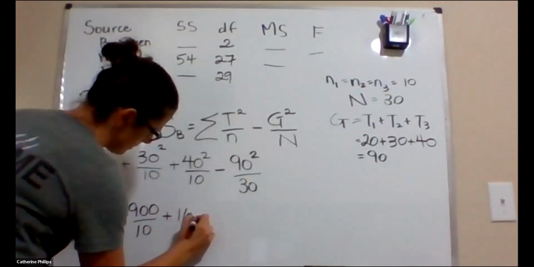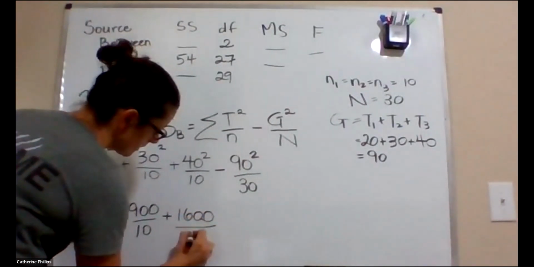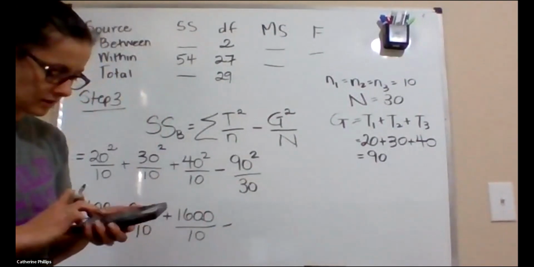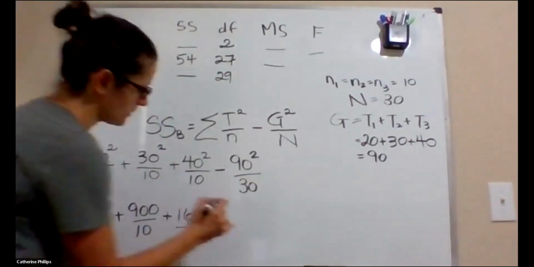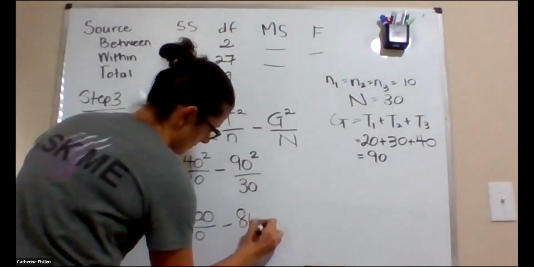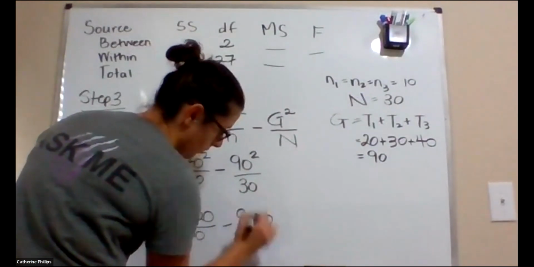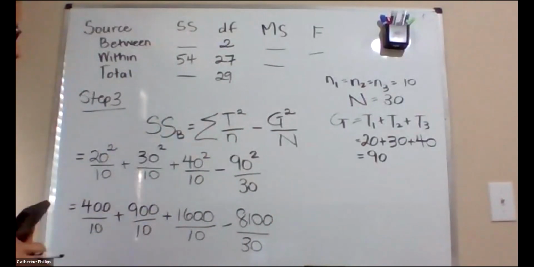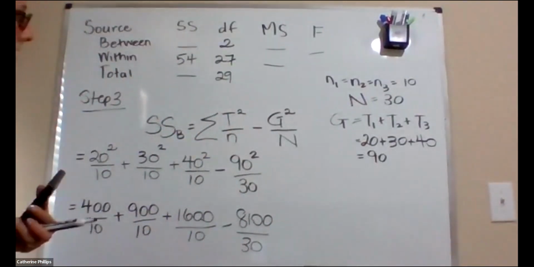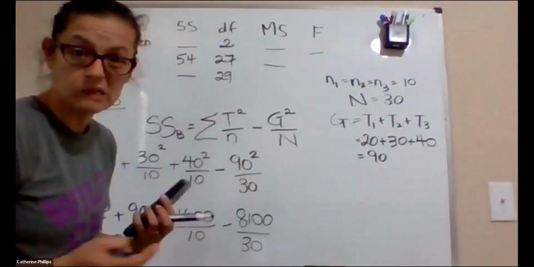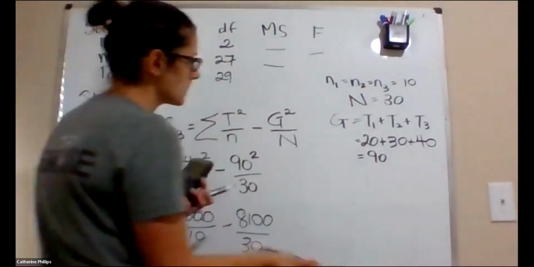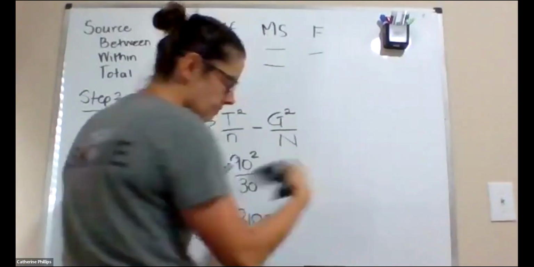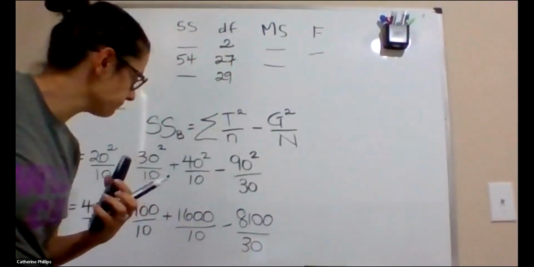It's 1600 divided by 10. 90 squared is 8,100 divided by 30. Okay. That is the same. That's what equals means. It's the same on both sides. It's not that that's the answer, but on each side it's the same.